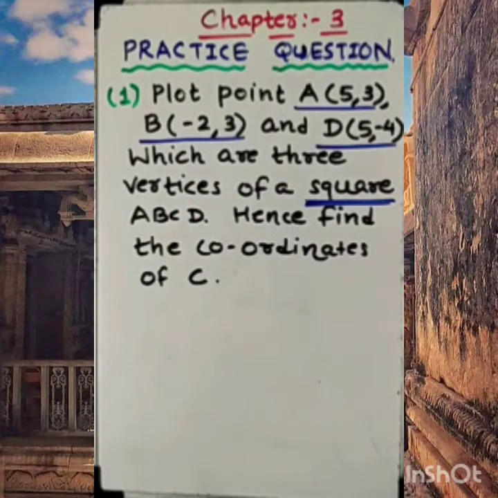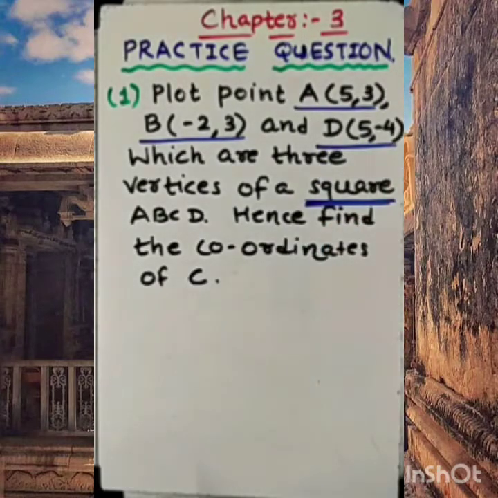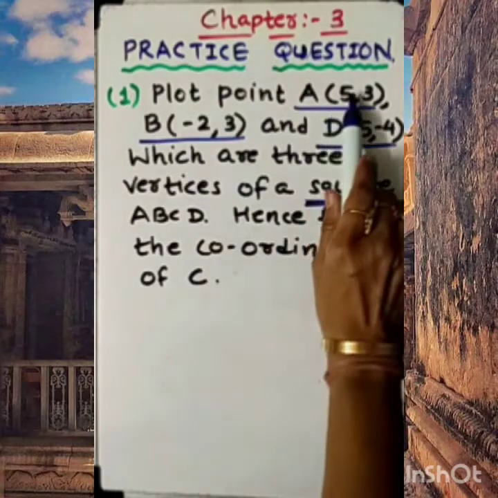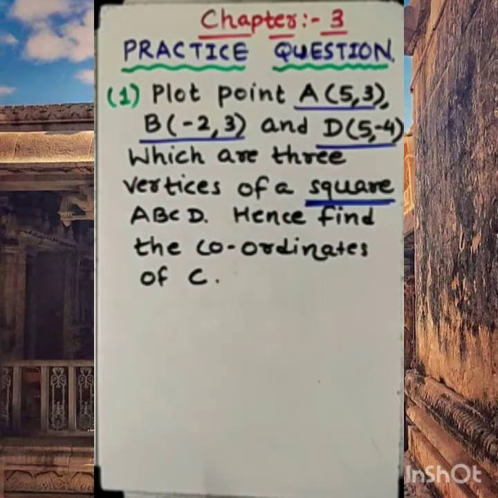Minus, plus lies in the second quadrant. Plus, minus lies in the fourth quadrant. So roughly we can get the idea. Our C point must lie in the third quadrant. Fine. So let's begin on the graph.